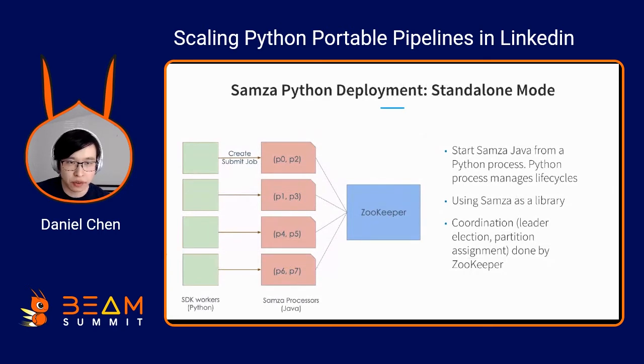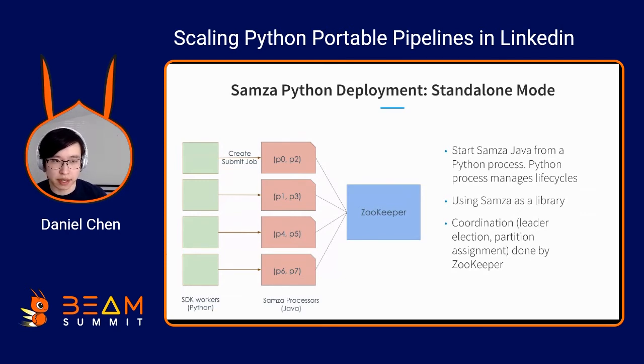To briefly go over the current deployment models we have for Python, the one that is currently used is standalone mode. As I mentioned, this is coordinated by Zookeeper. Every task would have a Python process and a Java process, the Python process creating the job, and those two communicating during execution time.